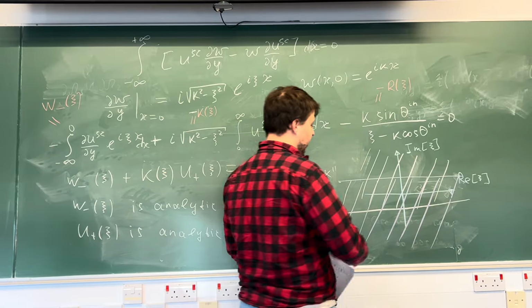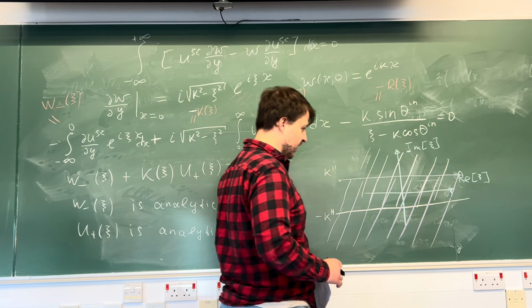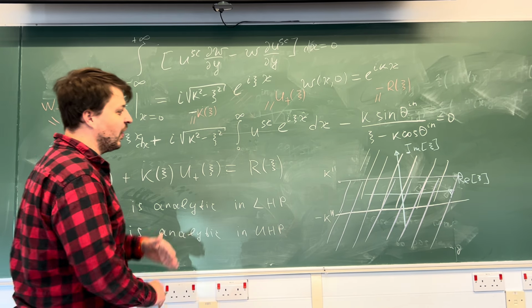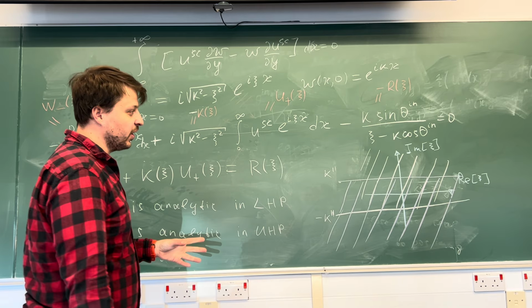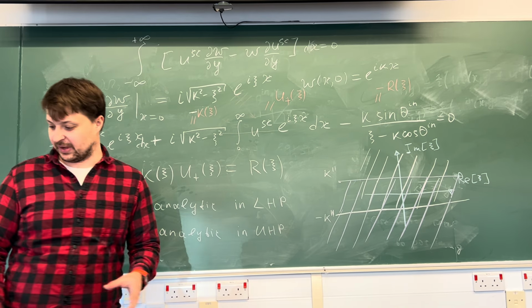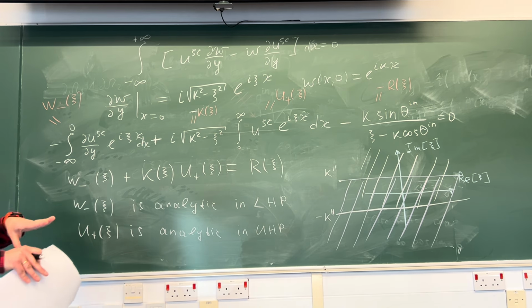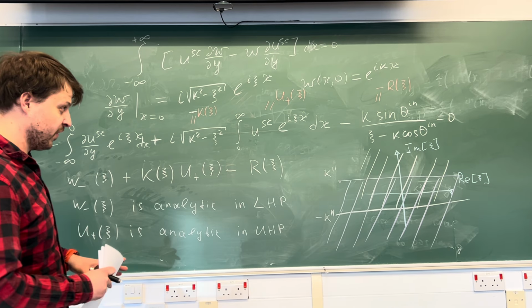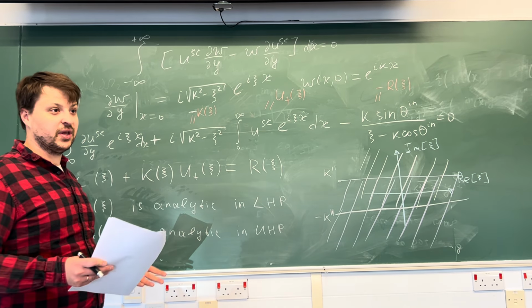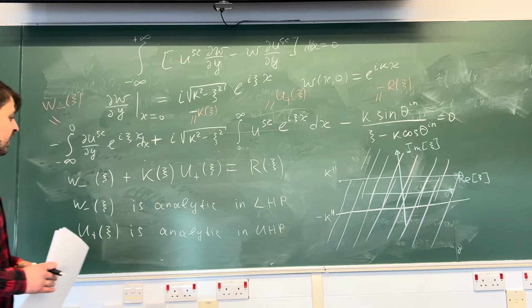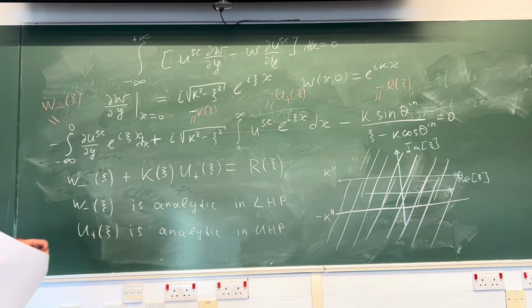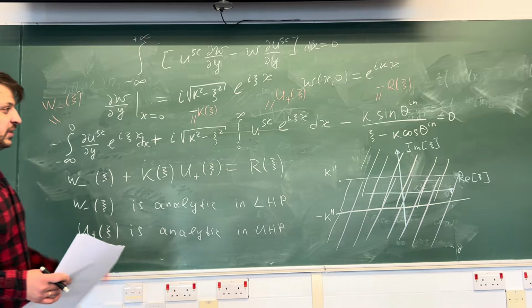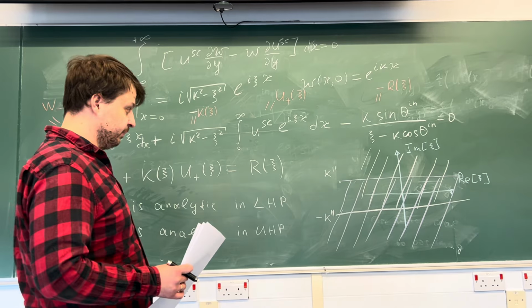So sometimes we can have a pole here, and for one of the functions the strip can be shorter. But the key point is that the analyticity domains of the two functions overlap, and that's important. So we can build a function analytic in the whole complex plane out of them.